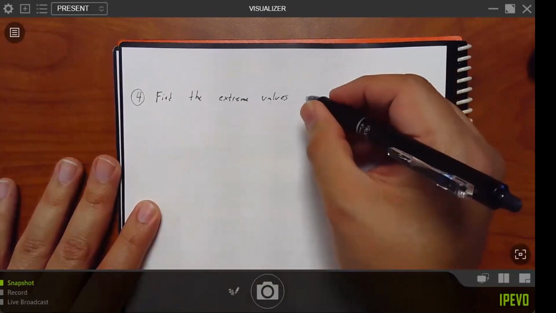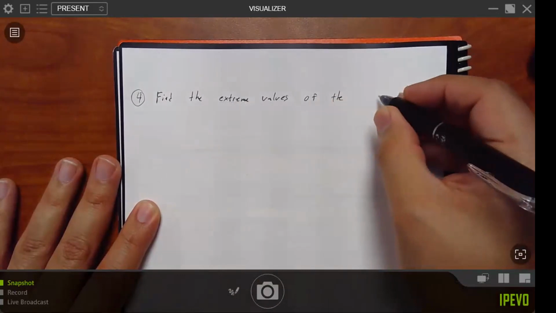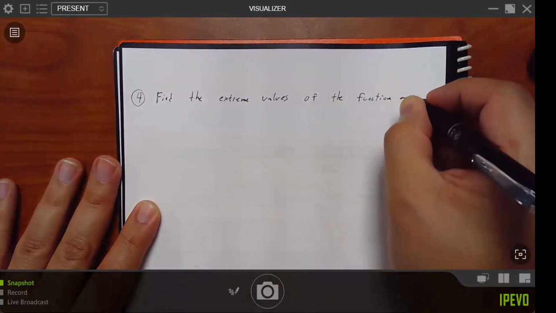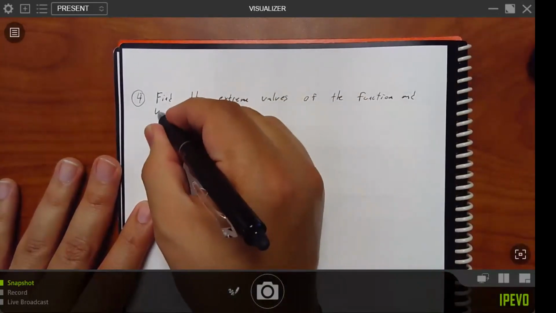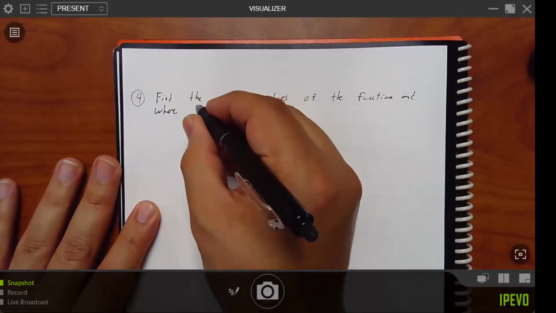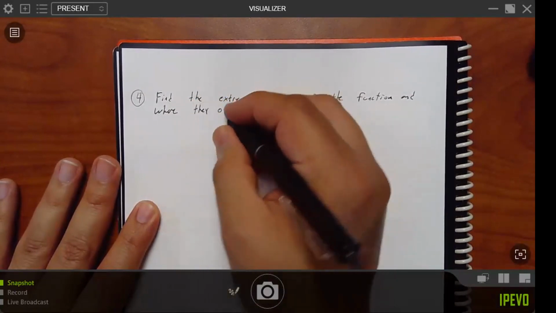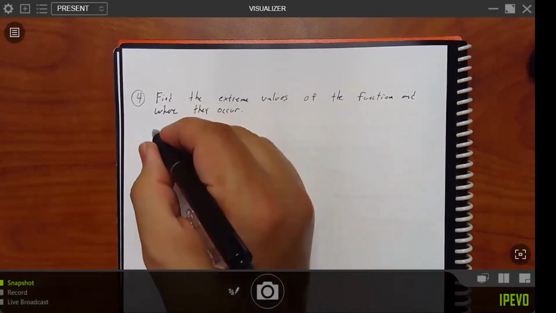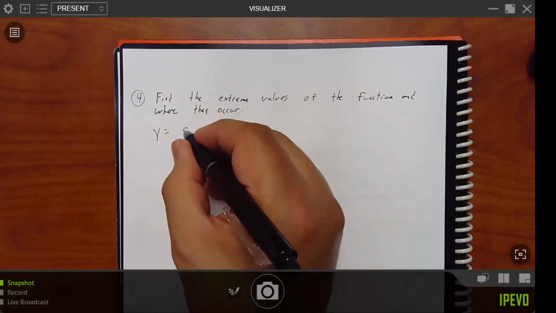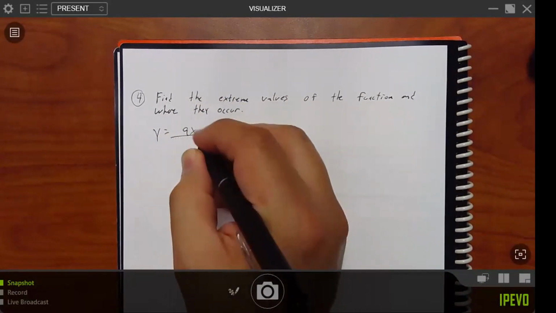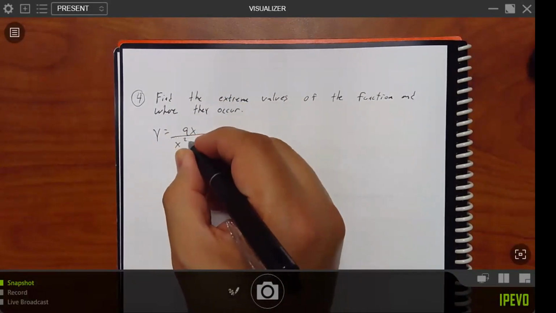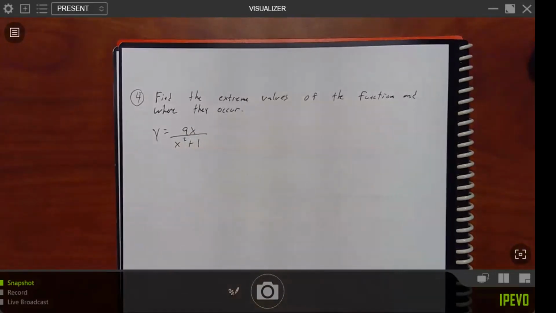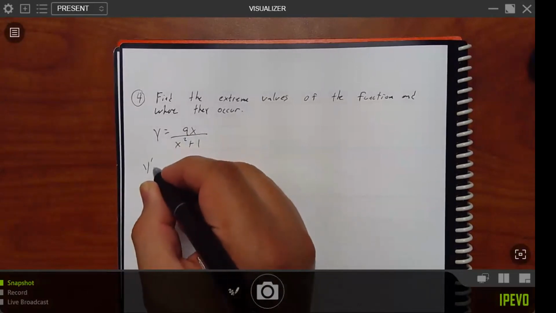Find the extreme values of the function and where they occur. So take a derivative.